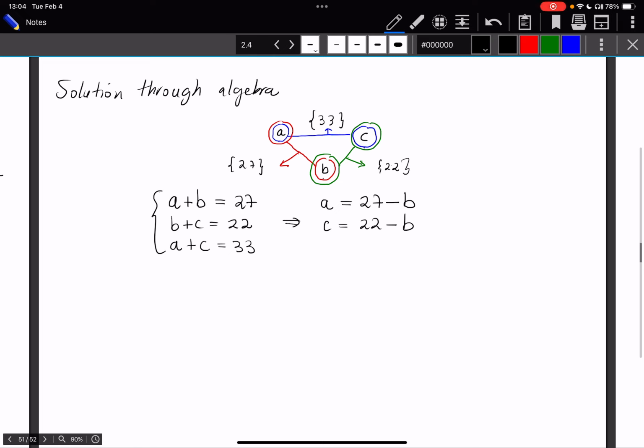So we take those values that we have for A and C, written in terms of B, and we have that A plus C should be 33, but A is 27 minus B, and C is 22 minus B, and that should be equal to 33.